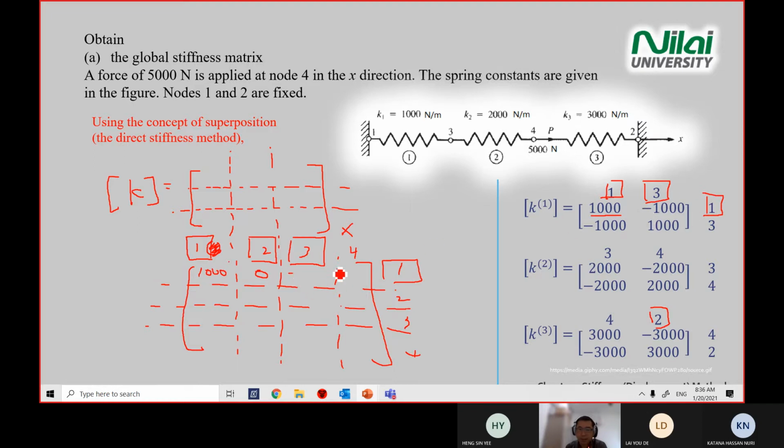I look for others also, because I know there's no other 3, 1 here. So you have negative 1000. Then I go for 4, 1. I look at the numbers above the matrix. 4, 1 I don't have, so I get 0.